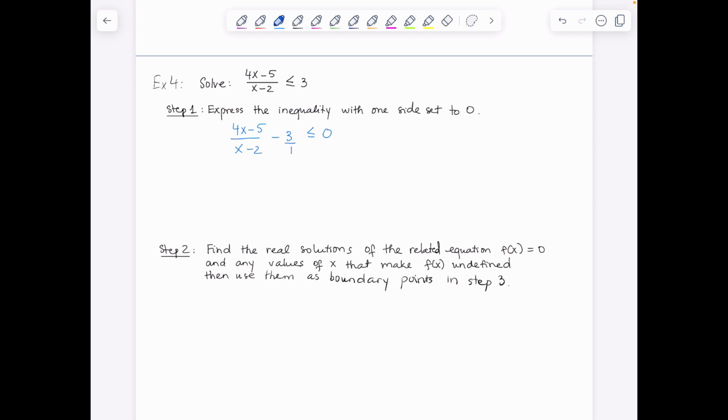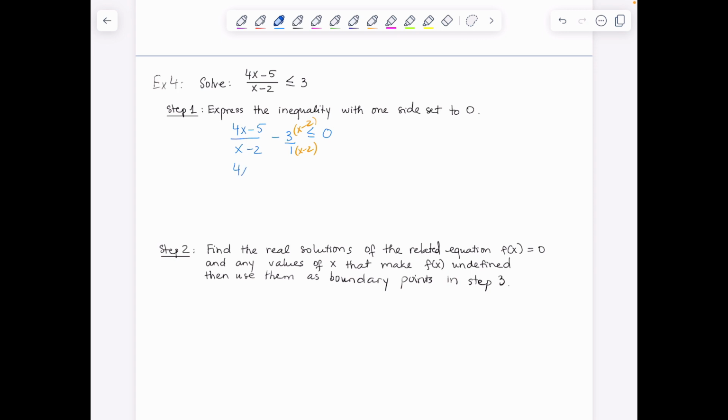Because they have different denominators, one is x minus 2 and the other one is 1, we do need to find the least common denominator, which in this case is just x minus 2. So we are going to multiply both the numerator and denominator of the second term by x minus 2 so that the two denominators will be exactly the same.